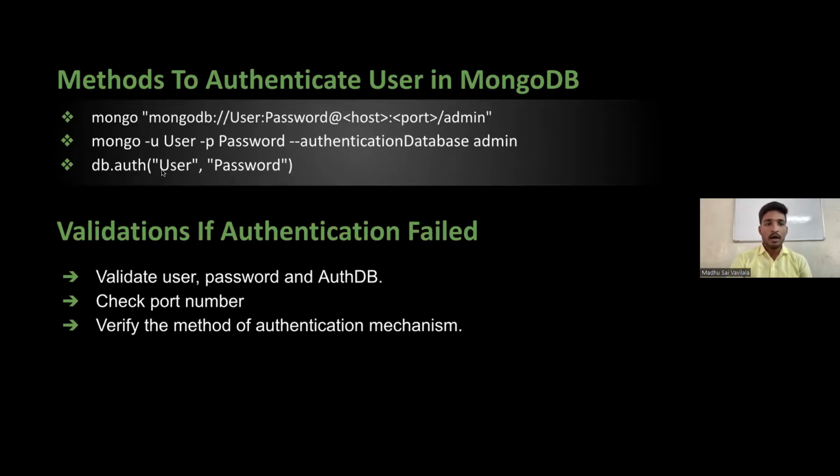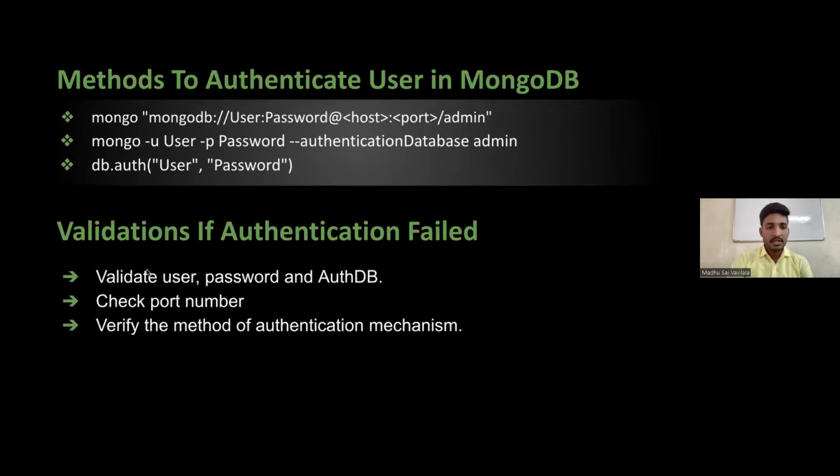I prefer the db.auth method, because a user who has the eligibility to see the history of previous commands from the host machine could steal the username credentials. But by using the db.auth function, we couldn't get the history of the commands.